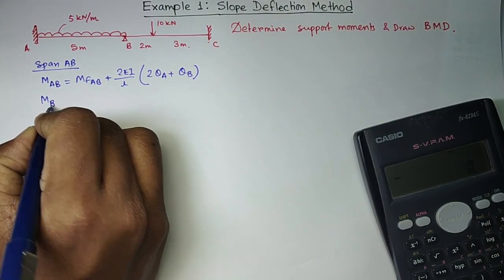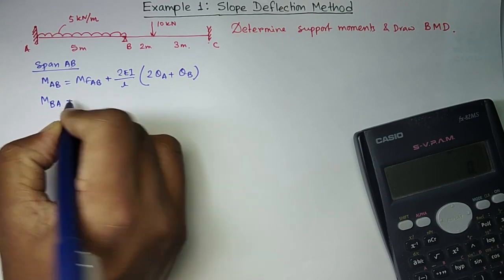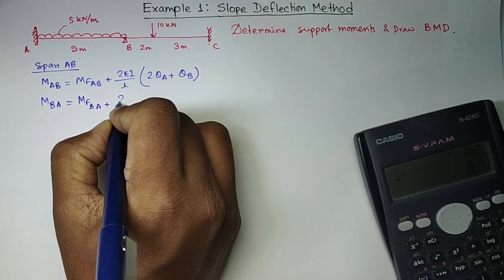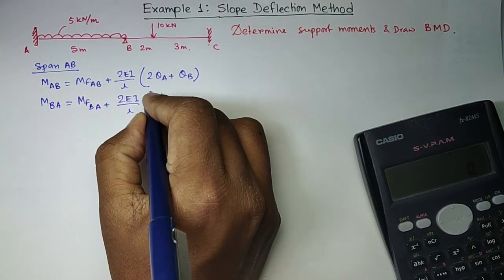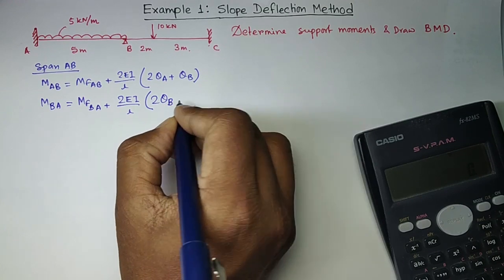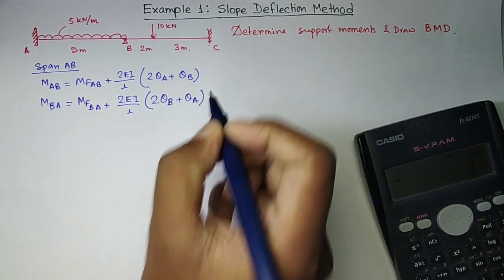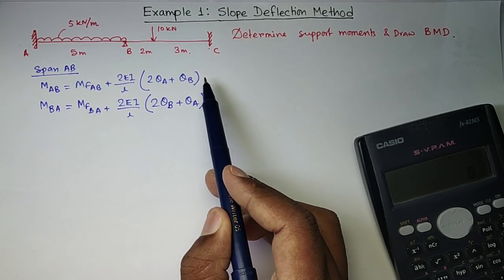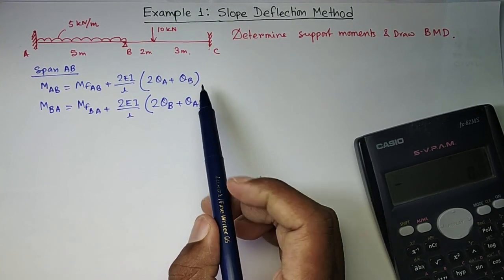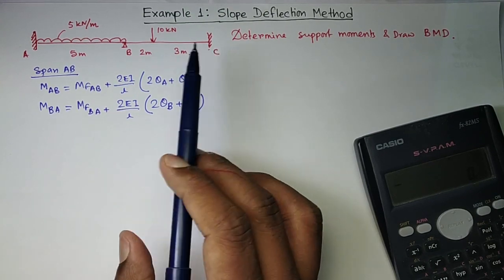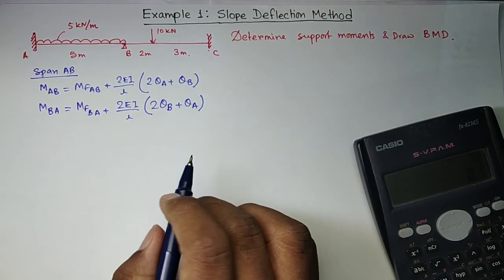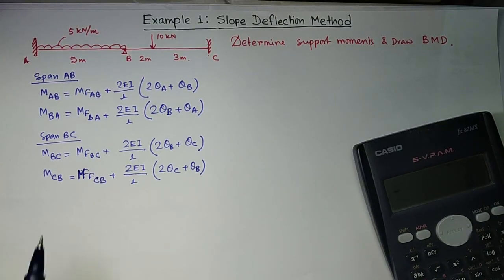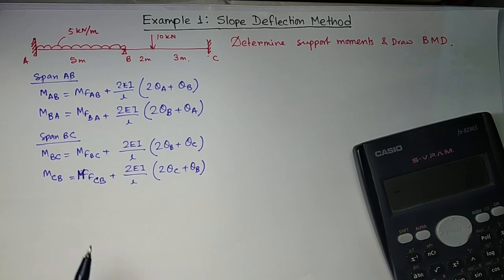Similarly for BA, it will be MBA equals MFBA plus 2EI by L into (2 theta B plus theta A). We are not writing the term related to support settlement, that is minus 3 delta by L, because in this question there is no support settlement. Similarly, write down this equation for span BC also. So these are the equations.